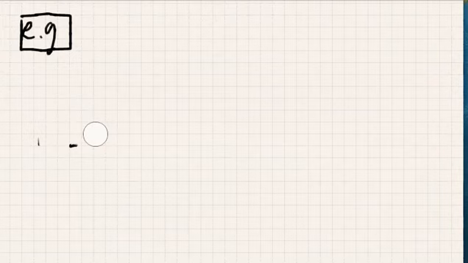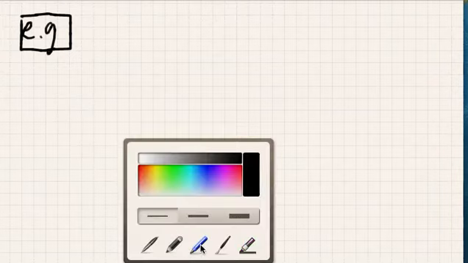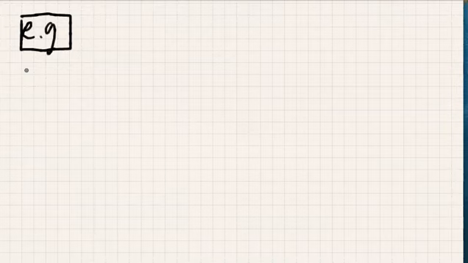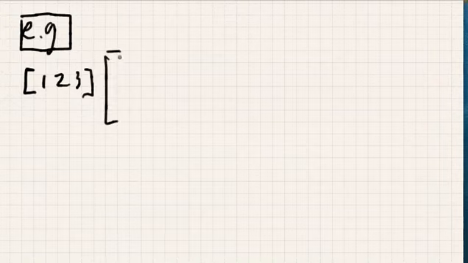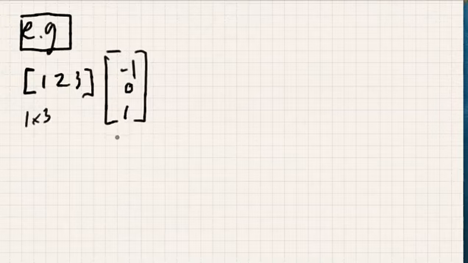It's going to be a row times a column. So let me rewrite this as, say, 1, 2, 3 times -1, 0, 1. Okay, that's better. So this is 1 by 3 being multiplied against 3 by 1.